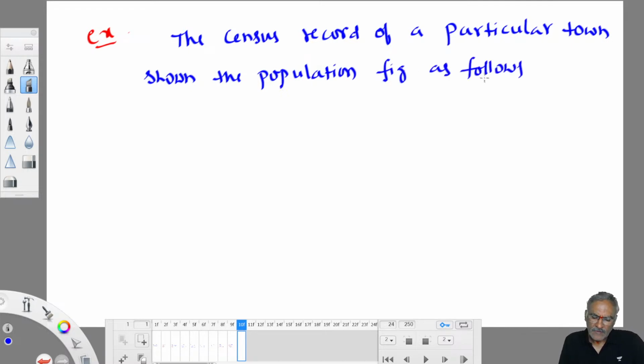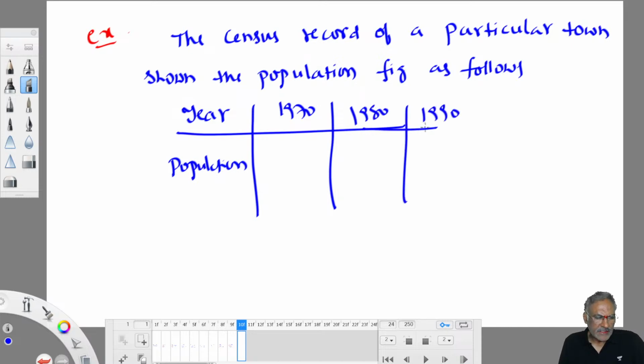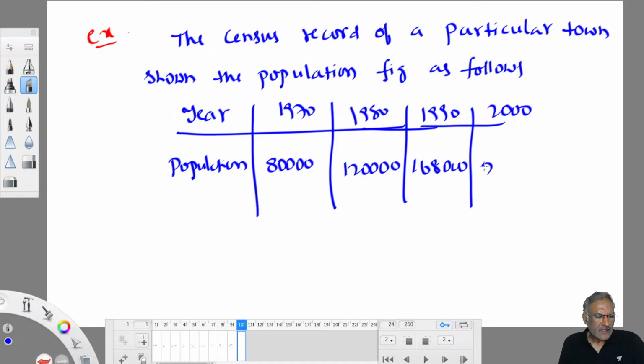Year and population: 1970, 1980, 1990 and 2000. Population is given as 80,000, 1,20,000, 1,68,000 and 2,28,500. Calculate the population at the end of next 2 decades.